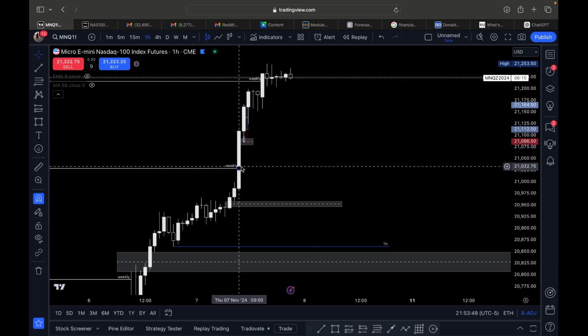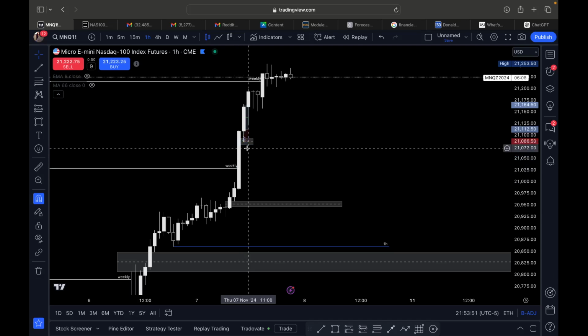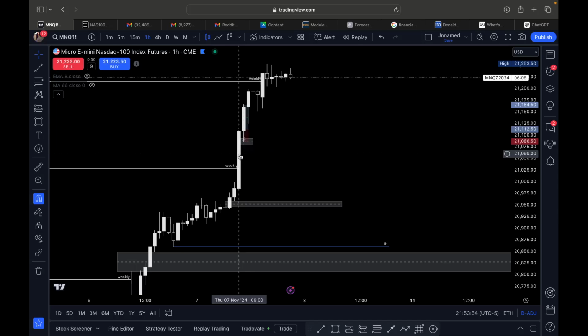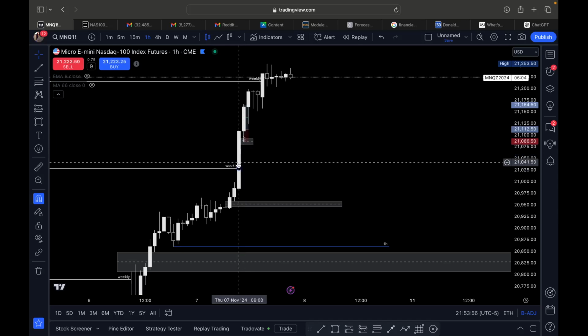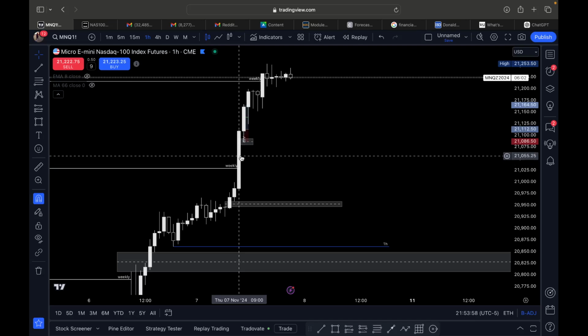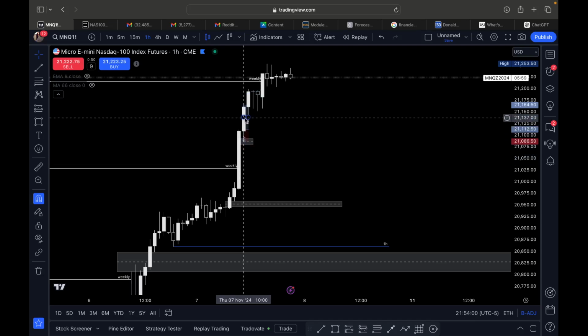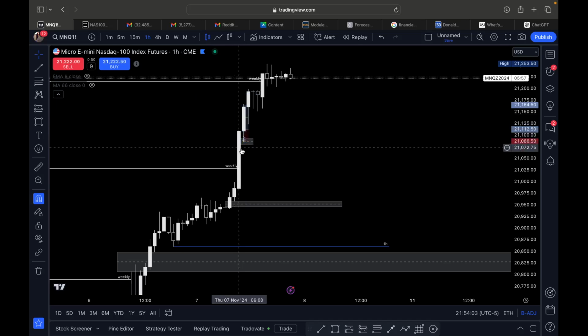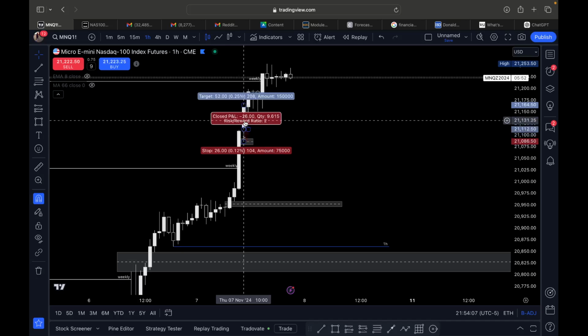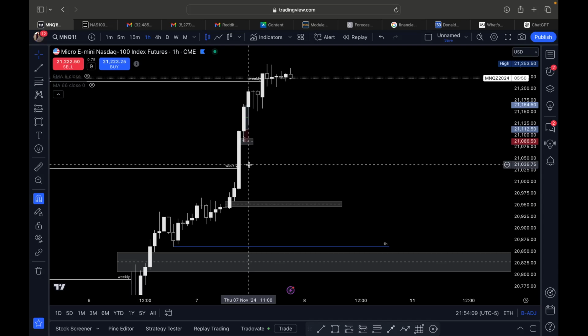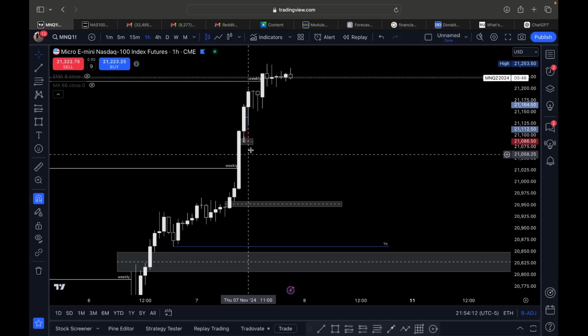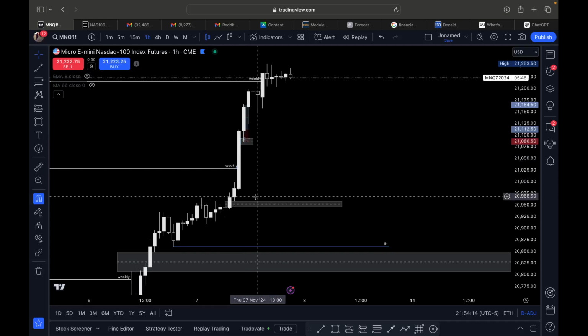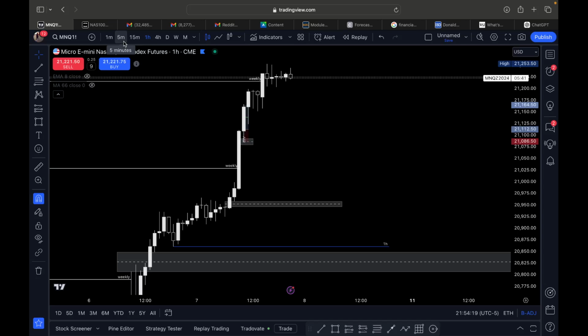Came into the day initially looking to see price come and rebalance some of this 4 hour candle here, but I did not see that happening. Once the 10 o'clock hour candle opened and the 4 hour candle opened, I accepted the fact that we may not come and rebalance this and get an entry on the 15 or 5 minute time frame that we can build some type of type B or type C entry off of.